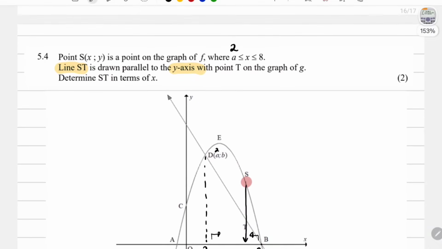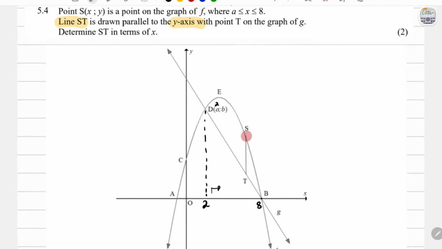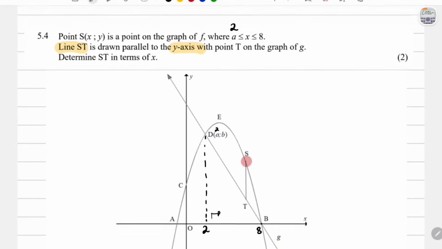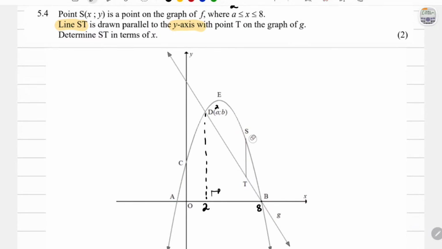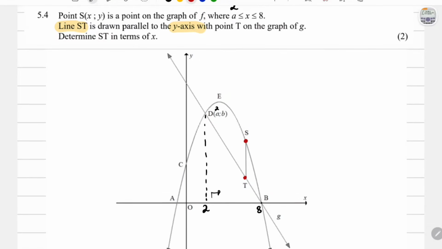Okay, and then what else did they tell us? They said line ST, right, is drawn parallel to the y-axis. So all it is a vertical line, okay? Parallel to the y-axis with a point T on the graph of g. So you see that S is on the graph of f and T is a point on the graph of g, right?